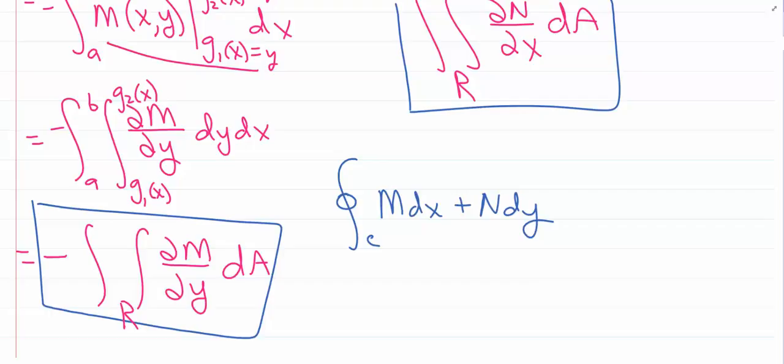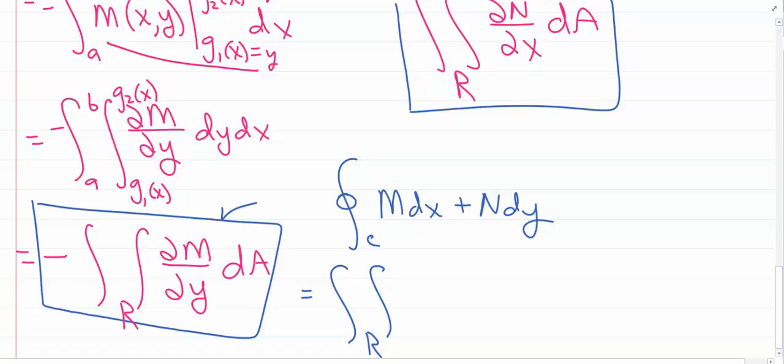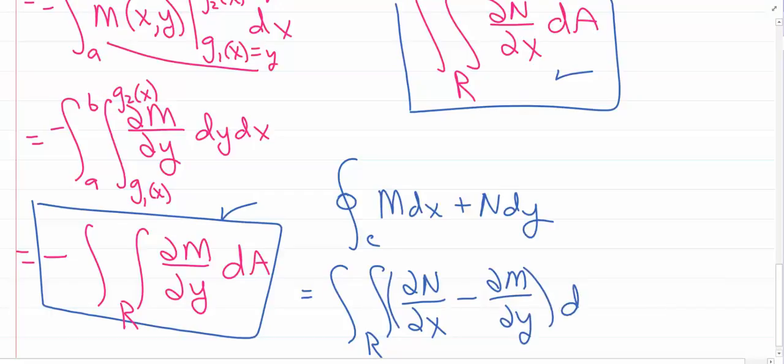Now, we know what m dx is. It's this first thing. So here's what we found. Just putting in the parts, I'm going to have the double integral of, and let me put this in first, the partial of n with respect to x minus the partial of m with respect to y. Everybody see that? Any questions about that?